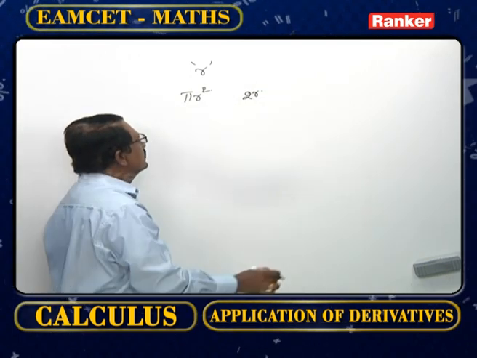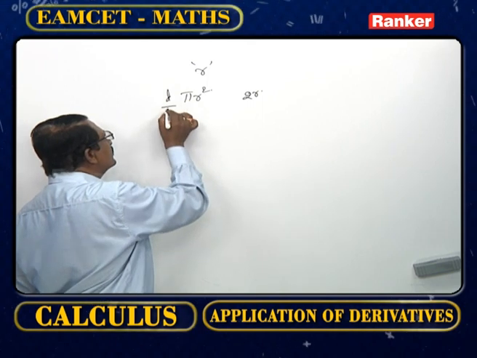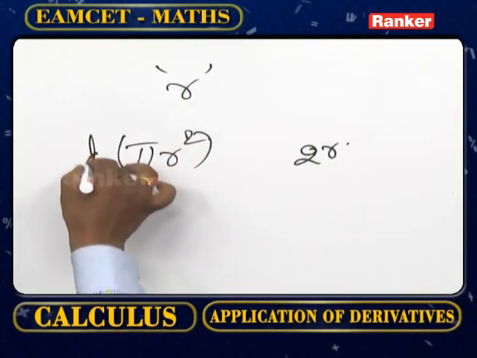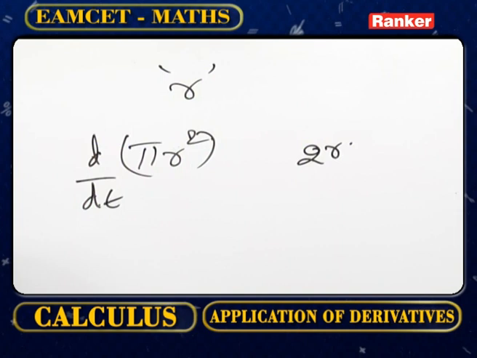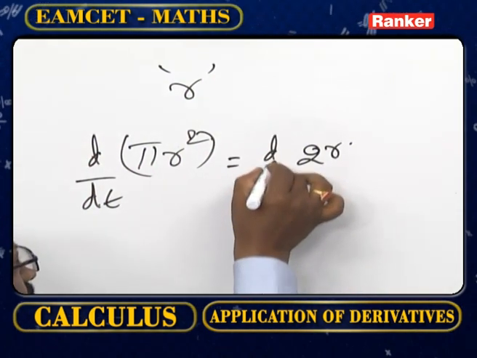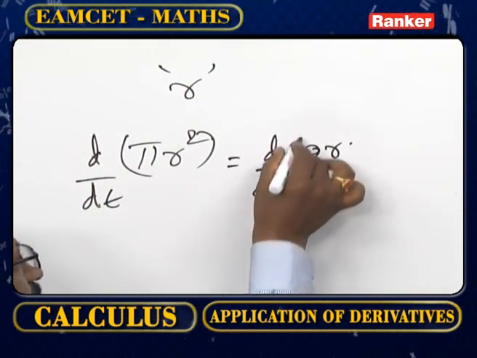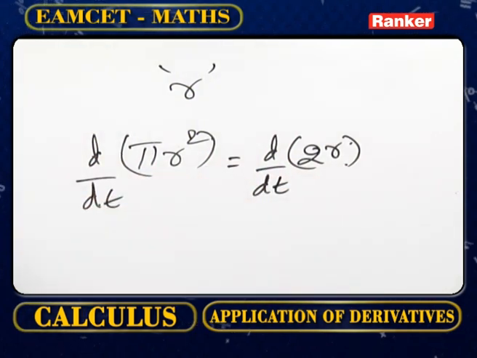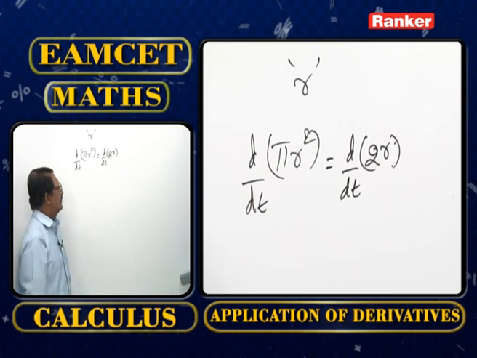Given the rate of change in area of the circle, d by dt of pi r square, equals the rate of change in diameter, d by dt of 2r.